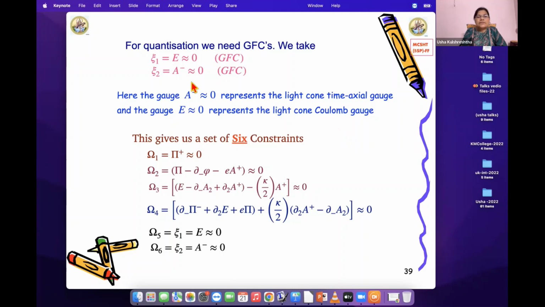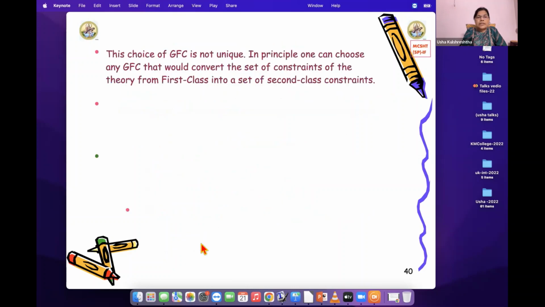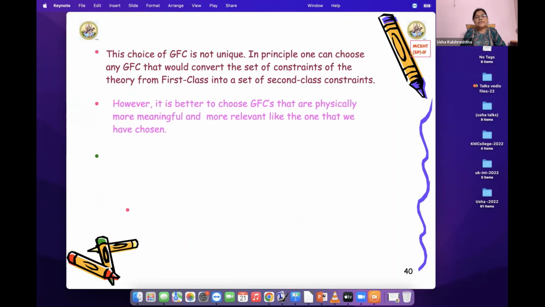Now with these gauge fixing conditions, altogether, this is a set of constraints. However, this choice of gauge fixing condition is not unique. In principle, we can choose any other gauge fixing condition that would convert the set of constraints of the theory from first class into a set of second class constraints. However, it is always better to choose a gauge fixing condition that is physically more meaningful and more relevant, like the one we have chosen.